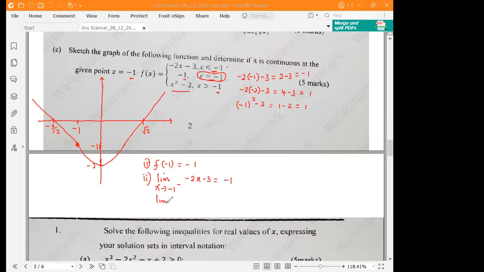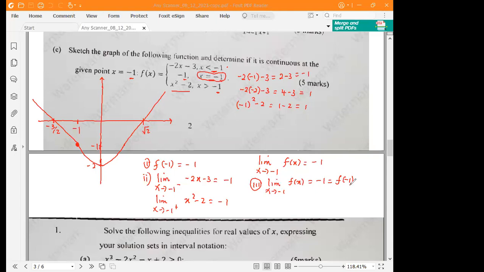You also find the limit as x goes to -1 from the right. We substitute where it says greater. So in x squared minus 2, again we get -1. So then the two side limits are equal. This means that the limit as x goes to -1 of f is equal to -1. So the limit exists. Then we compare on the third part. The limit as x goes to -1 of f is equal to -1, which is our f(-1).